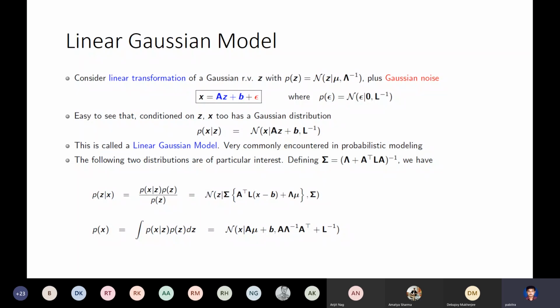The stochastic part of x is only coming due to epsilon. This is also a very common model. You can also do a marginalization. You can also do the posterior, that means what is z given x. You can also do the marginal likelihood of x. Again, if you apply the definition and take this Gaussian function, you get all these expressions.